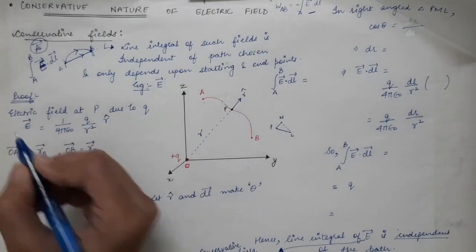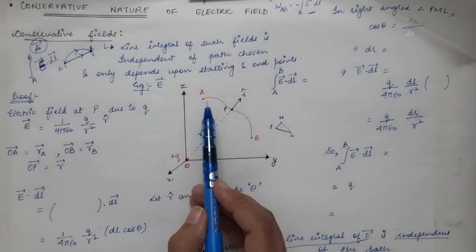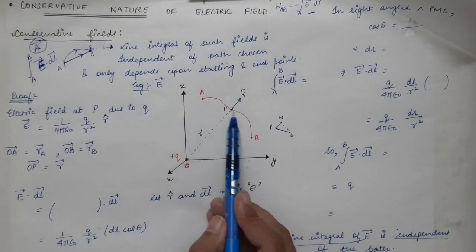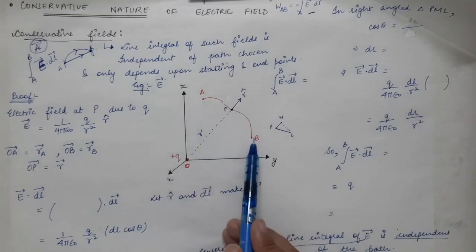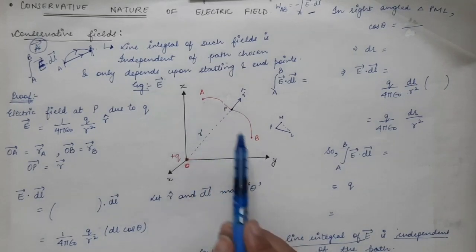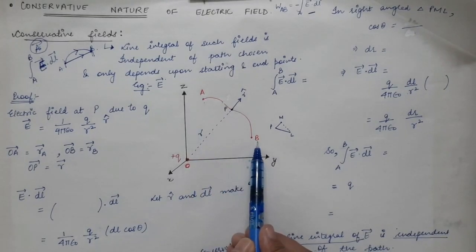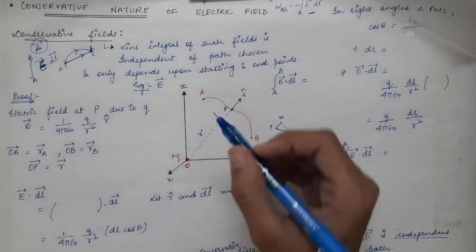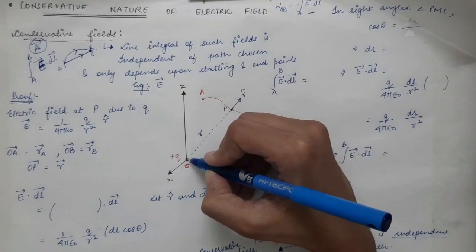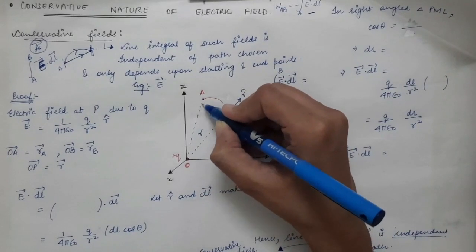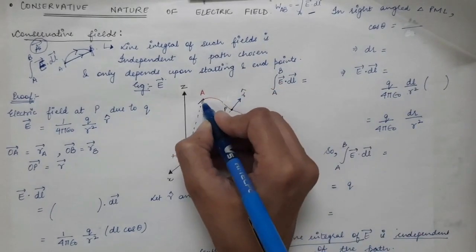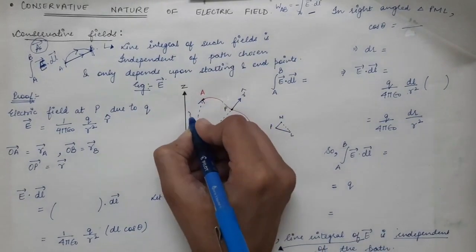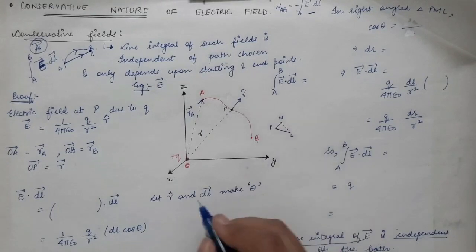So let's say this is E vector. Now this is the starting point and this is the end point of the line. This is any random line. So this is the starting point A and this is the end point B. Now what is the position vector of the starting point? The position vector is the vector from the origin to the particular point we are talking about. So OA vector is the position vector of the starting point, let's say that is RA vector.